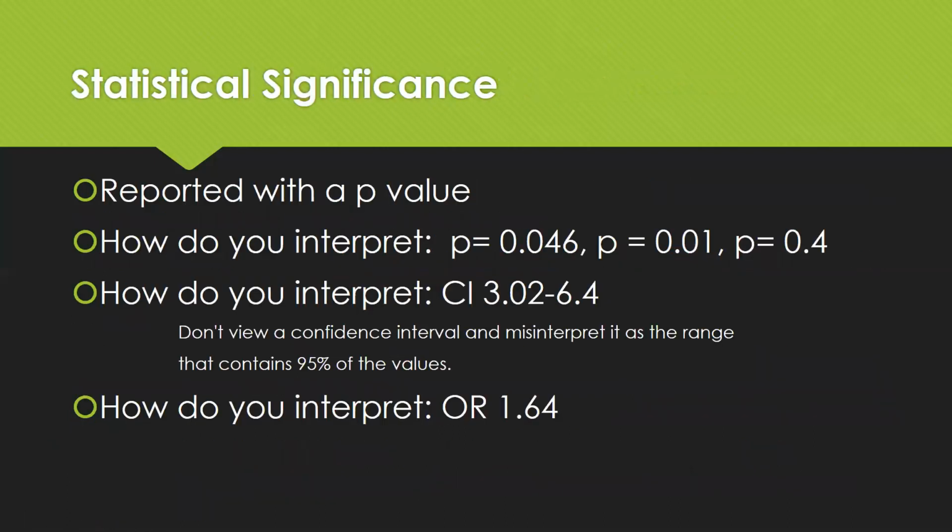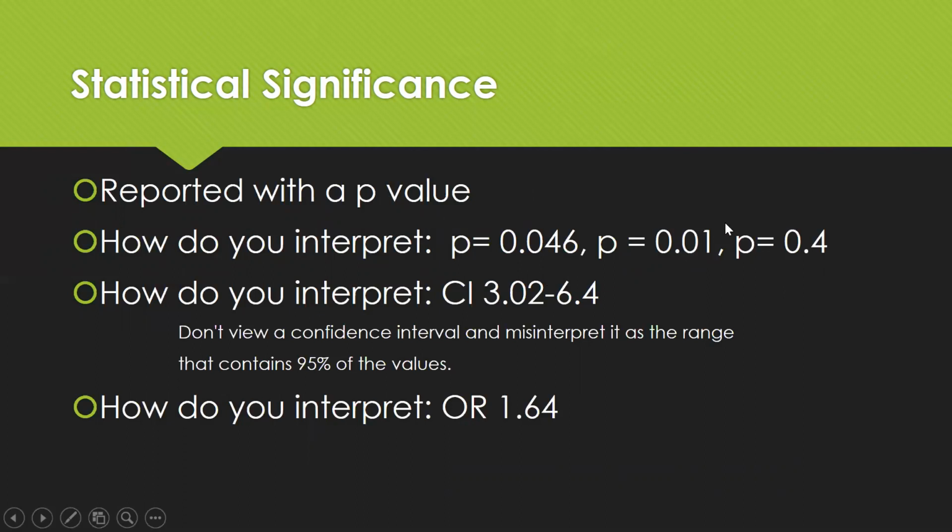Statistical significance is reported with inferential statistics as a p-value. So let's look at this. How do you interpret a p-value of 0.046? Well, if a researcher had selected a significance level of 0.05, then this is now a significant p-value. However, if they'd chosen a p-value of 0.01, this would be considered not significant.